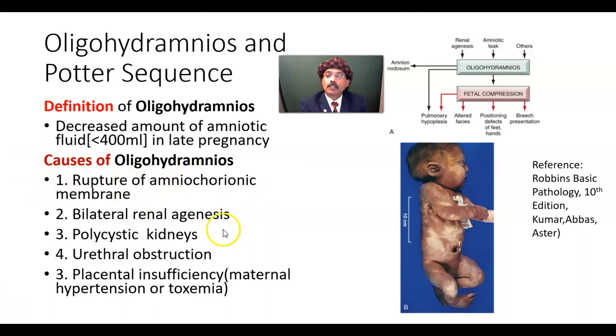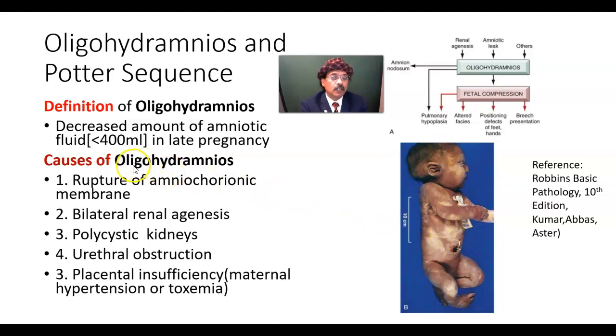So there will be a lesser amount of amniotic fluid. Oligohydramnios is a condition when there is less amniotic fluid. The baby is in the amniotic cavity in the mother's uterus. Amniotic fluid is a cushion, a protection, and it is for nutrition and development of the developing fetus.